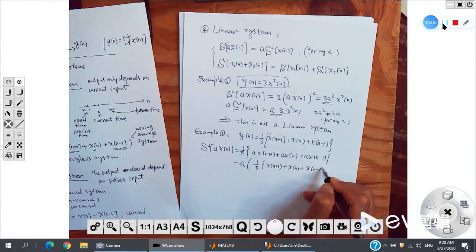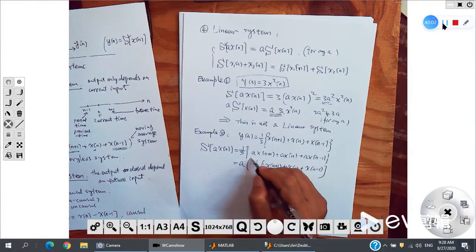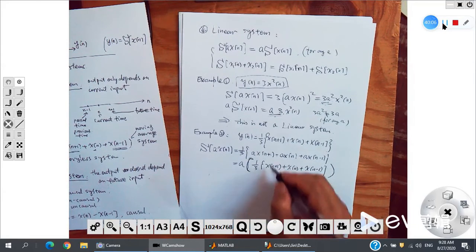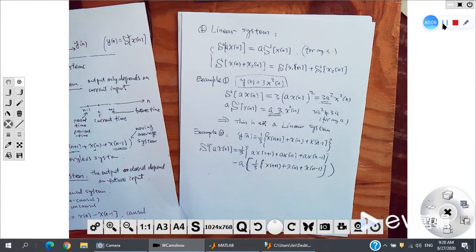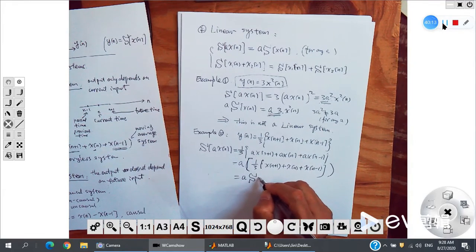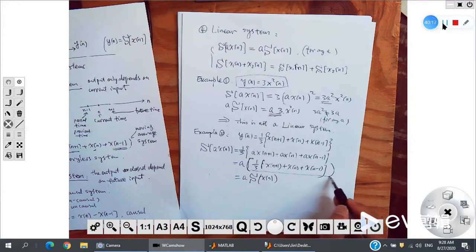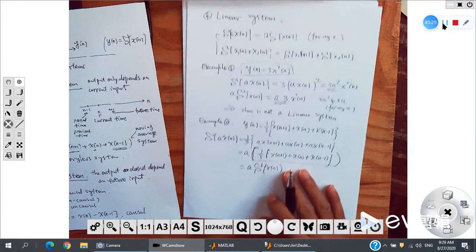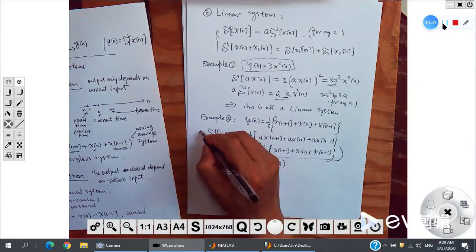Okay, so this is a times S of x of n, right? This part is just S of x of n. So we have the first condition hold. Now we check the second condition.